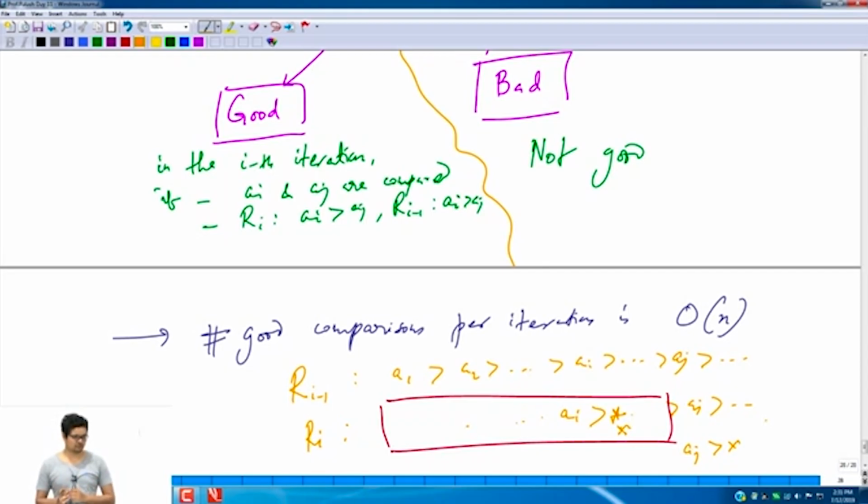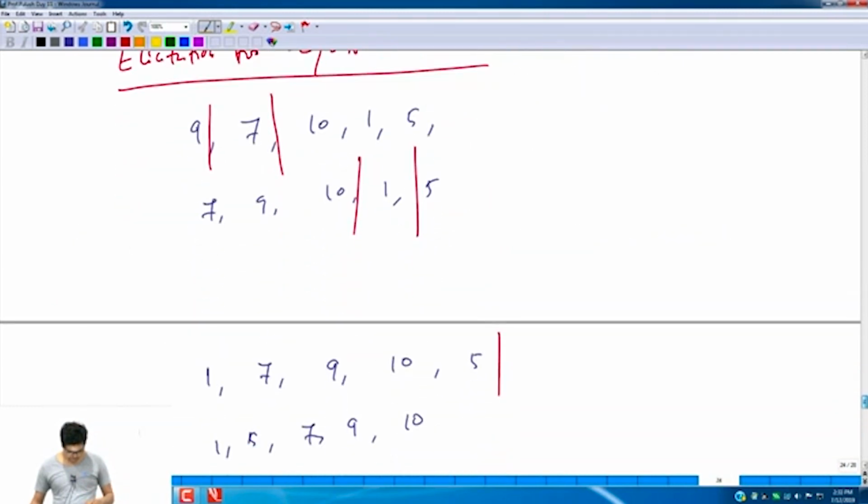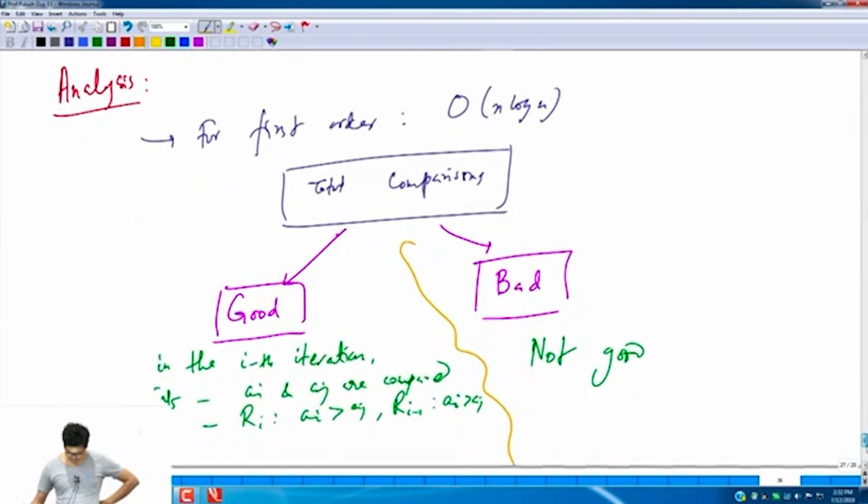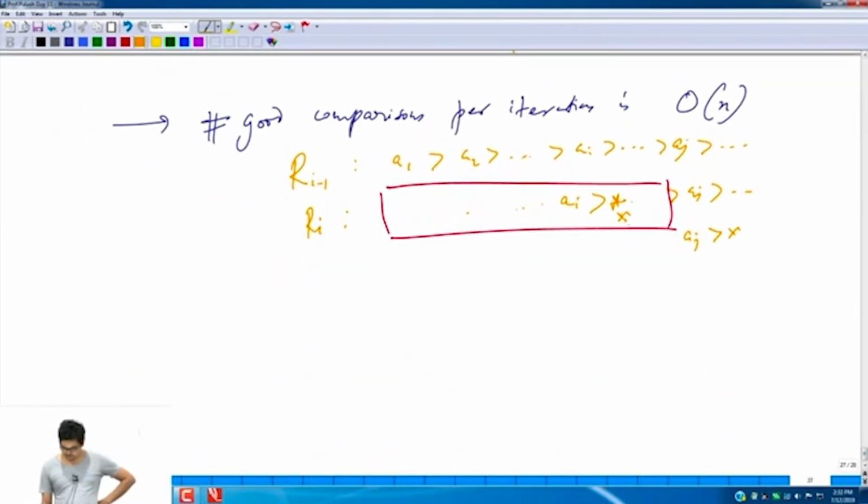It's just plain old insertion sort. It's like in this example: you first compare 1 with 10, and because 1 is less than 10, it gets compared with the next item. Because 1 is less than 9, it gets compared with the next item, and so on. Same thing goes here. So because AJ gets compared with AI, AJ must be greater than x.